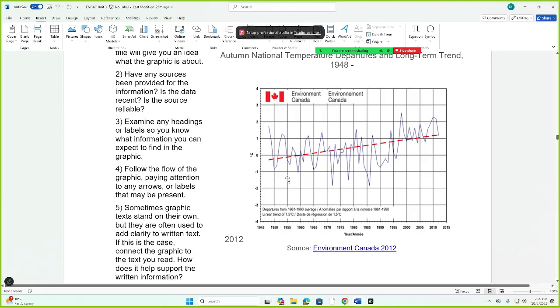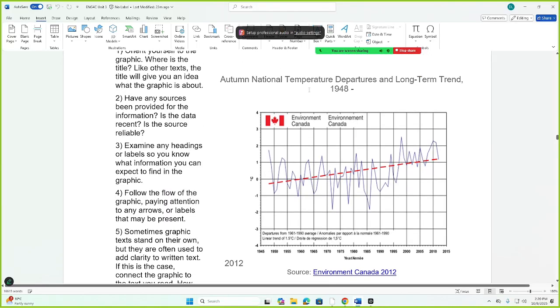So these aren't the actual temperatures. These are the temperature departures from long-term trend. So that means, basically, that for every year, these are changes in the average temperature, up and down, right? From 0 to minus or positive.